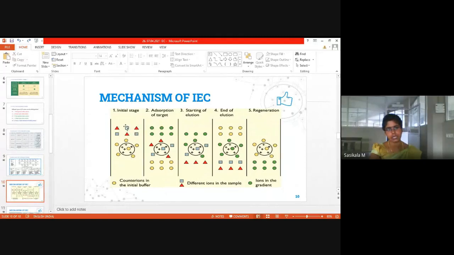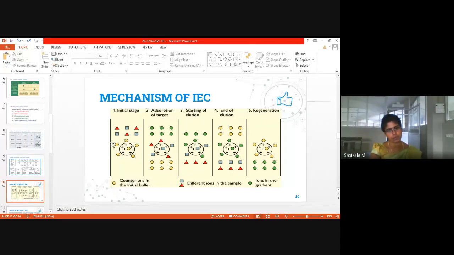So this might be charged with a negative charge, and the green color represents the mobile phase. Yes, green represents mobile phase, and the yellow dots represent buffer that is already saturated.